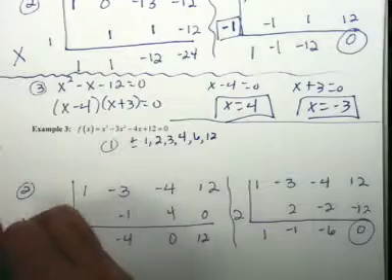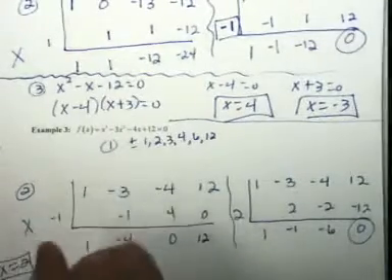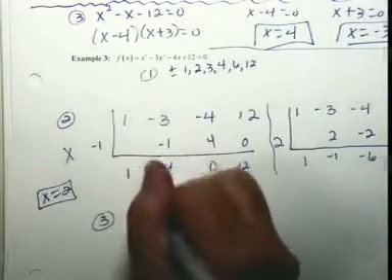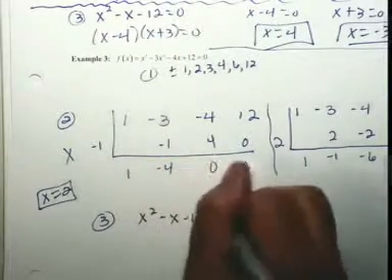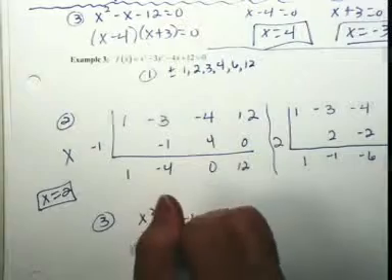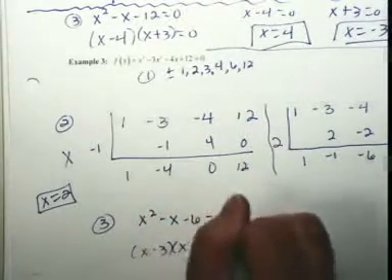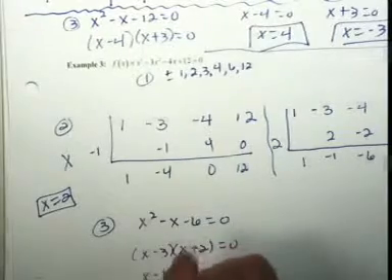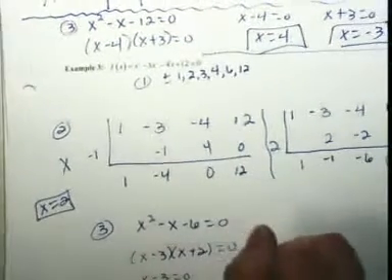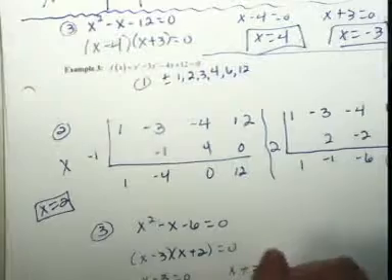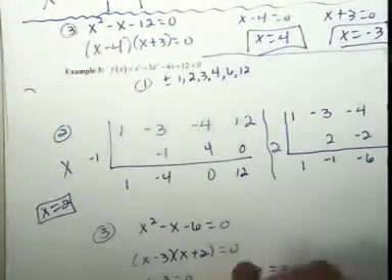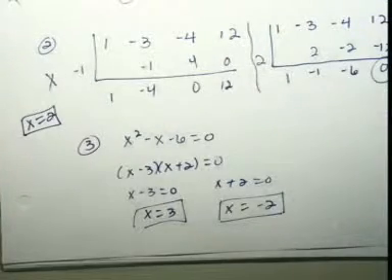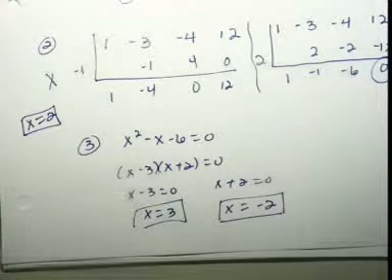So one of my answers is x equals 2, and I reduce it to x squared minus x minus 6. So I have 2, 3, and negative 2.